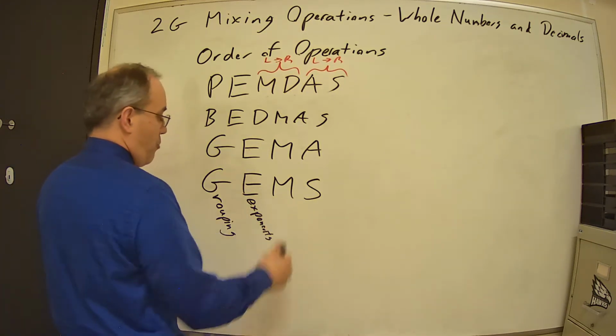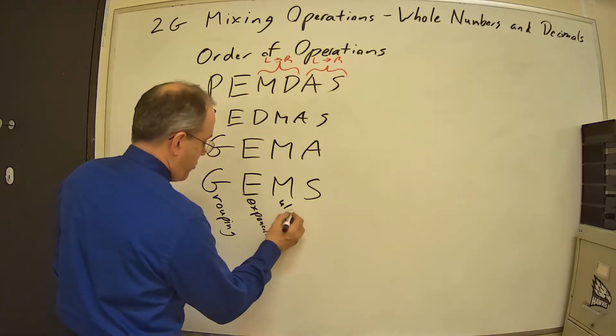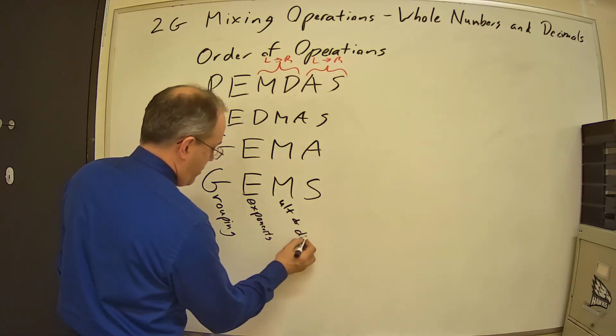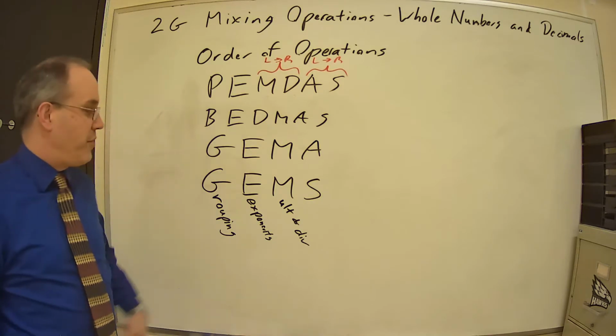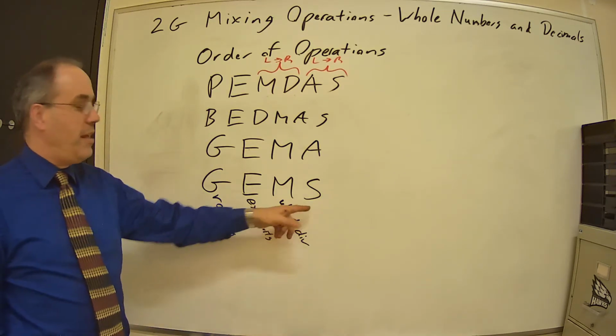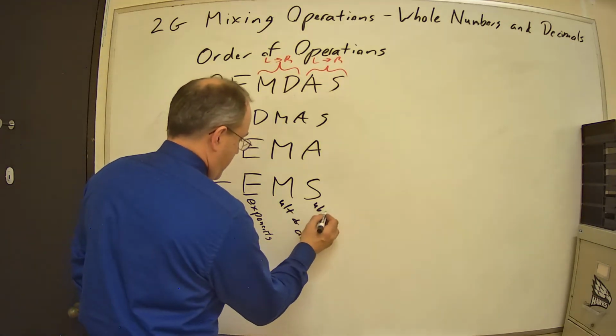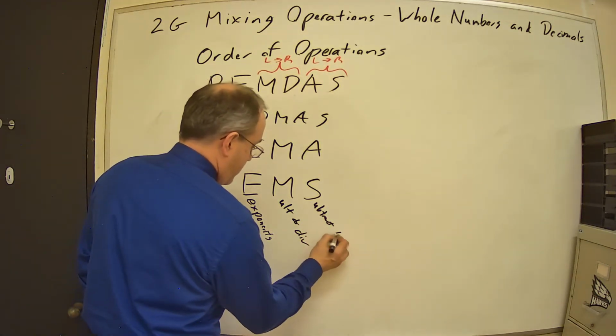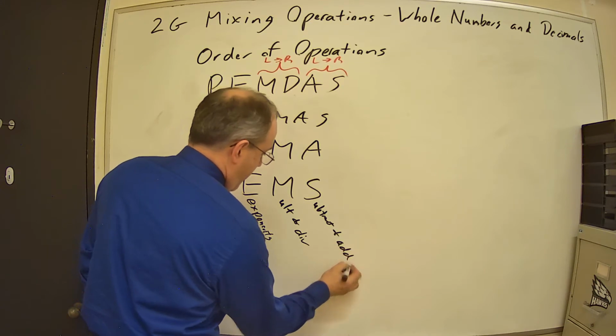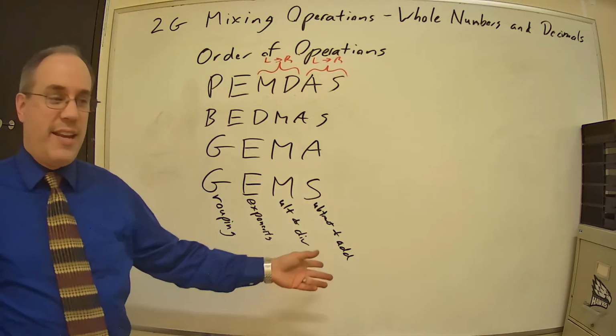And then we've got multiplication and division. I'm just going to do mult and div to save myself a little bit of effort. And then S stands for subtraction and addition.